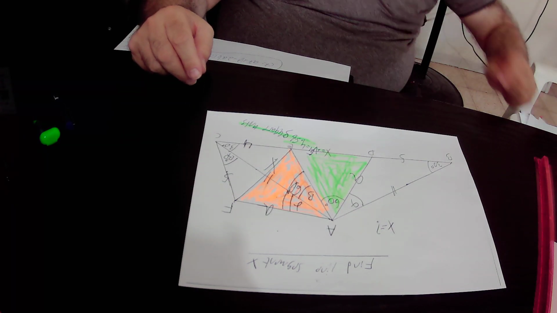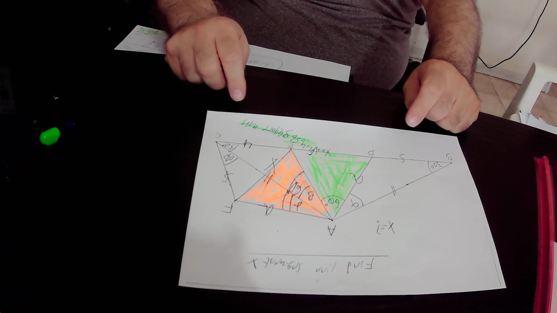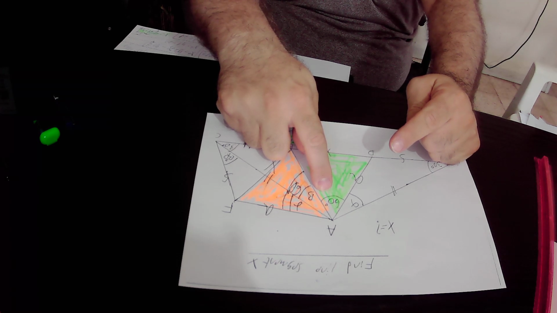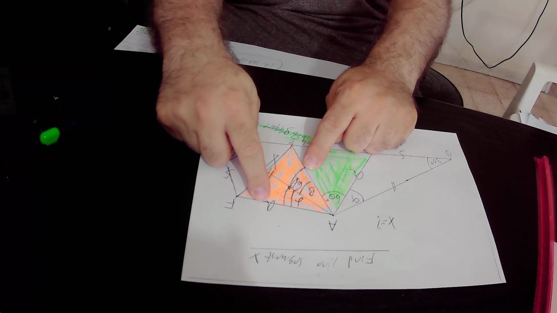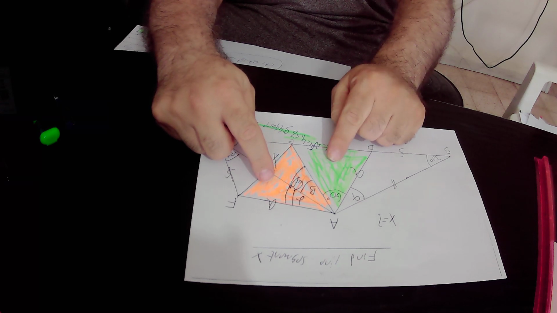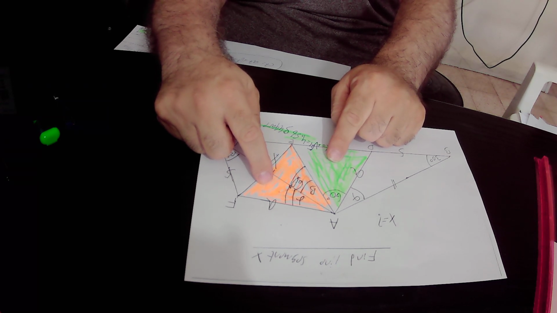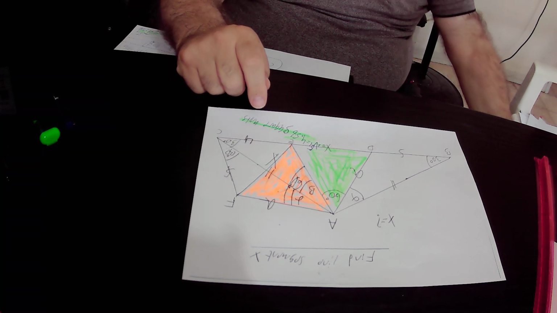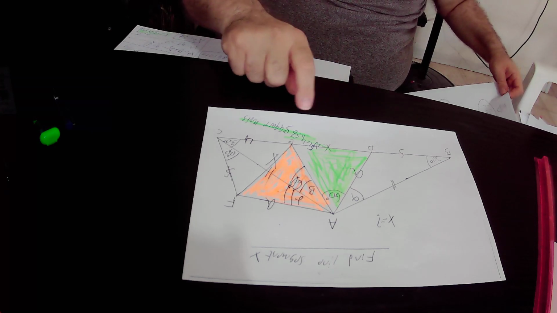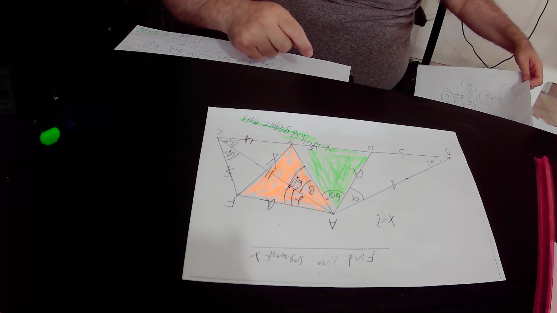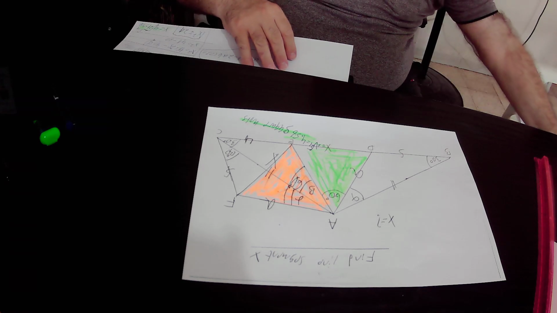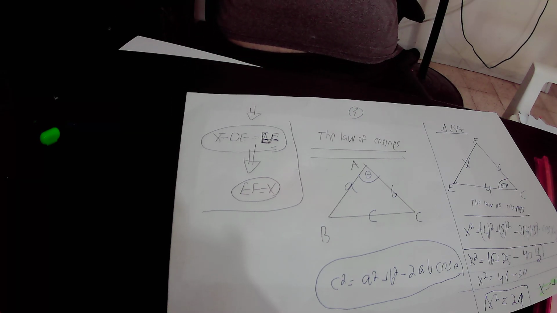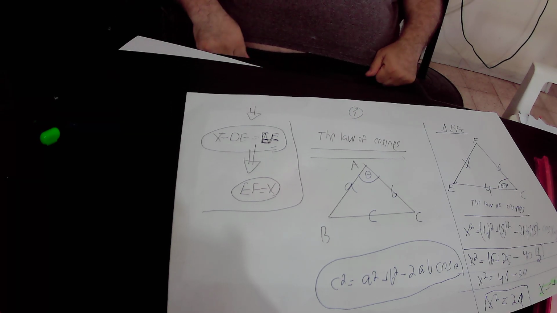I'll explain what I mean here. In the green triangle, we have those two sides and the angle between them. The green triangle can go into those two sides and the angle between them in the orange triangle. So those two triangles can go into each other according to the side angle side rule. And from that, we will conclude that side DE equals side EF, according to the rule that corresponding sides in congruent triangles are equal to each other.